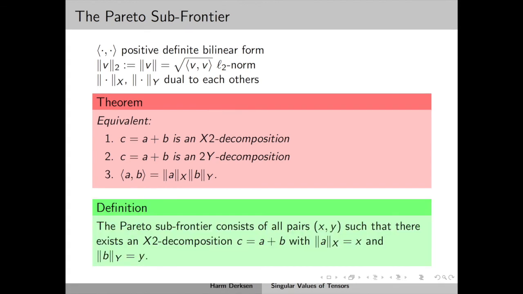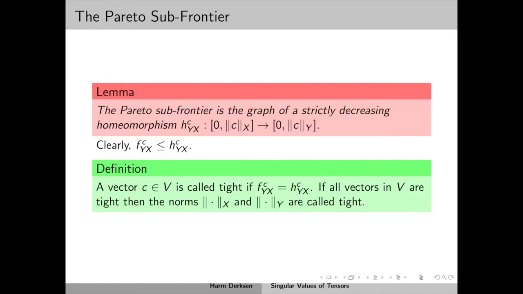So now I define the Pareto subfrontier. I look at all these x2 decompositions, which are the same as 2y decompositions, and I plot the x norm of A versus the y norm of B. So it's a slightly different optimization problem, but I still plot the x norm of A versus the y norm of B. This Pareto subfrontier is also a nice function that's continuous and strictly decreasing.